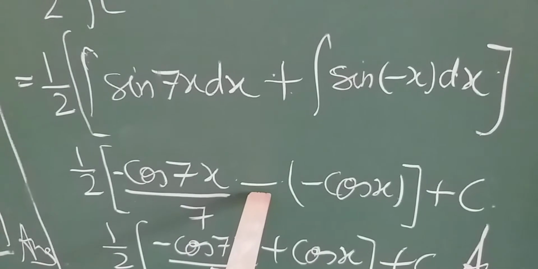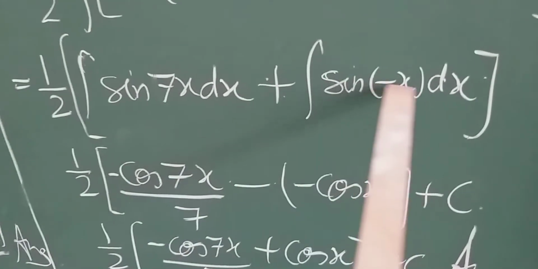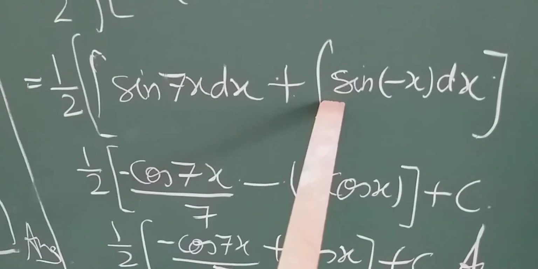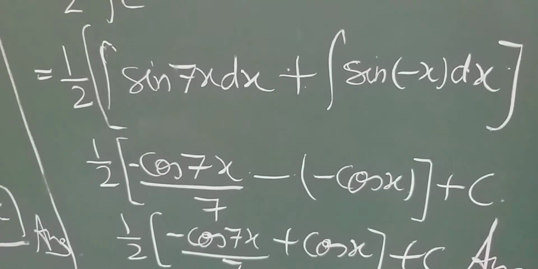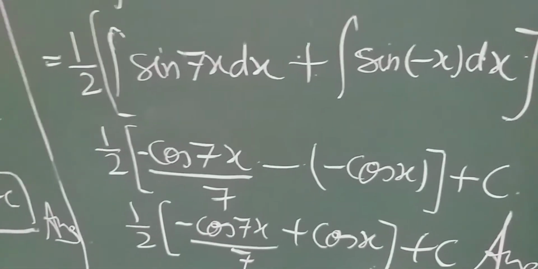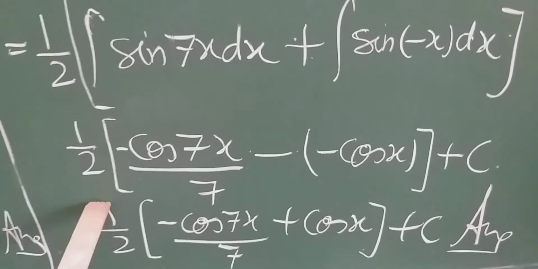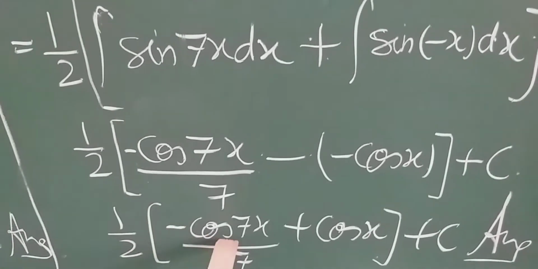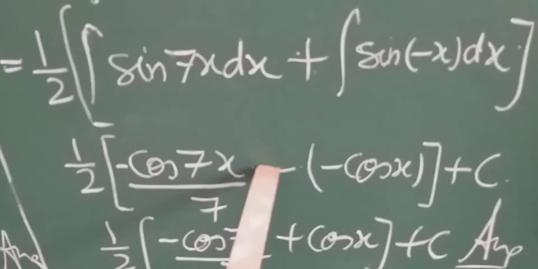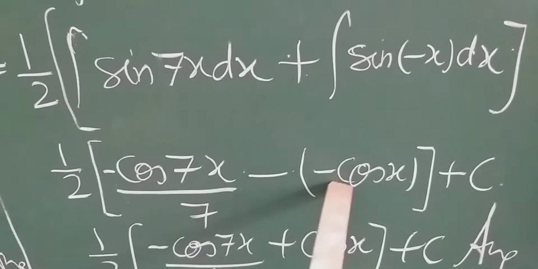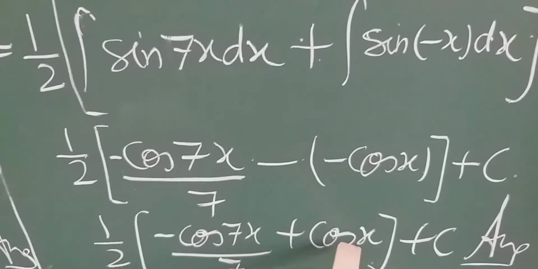That's why we have to write minus here. Now sine x integration is minus cos x, plus c. Now students, 1 by 2 as it is, minus cos 7x upon 7. This minus and this minus both become plus cos x plus c.